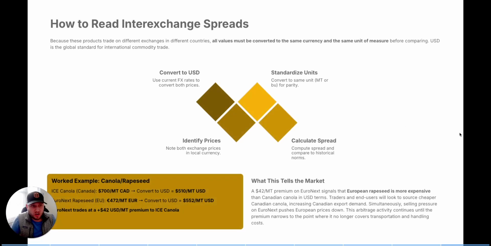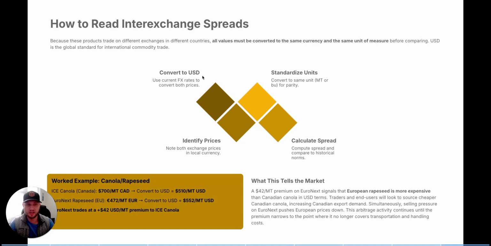Okay, so as I mentioned, you have to make sure that everything's converted to the same currency and same unit before actually comparing. And generally speaking, the USD is essentially the global standard for international commodity trade, so you are best converting everything to a USD basis. So as we have here, identify prices, note both exchange prices in local currency, and convert over to the FX that you choose to use.